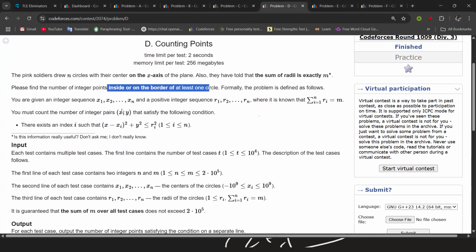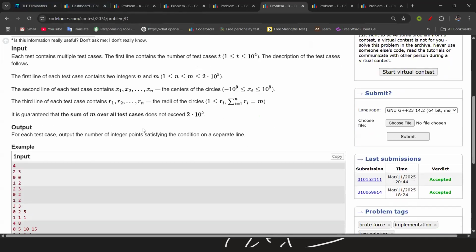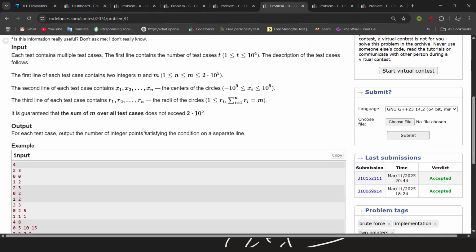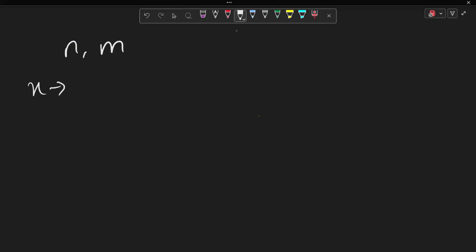Formally, the problem is defined as, okay, let me explain the problem instead of reading it. So as input, you are given n, m, and an array x representing some integer points, and an array r representing the radius of those points.